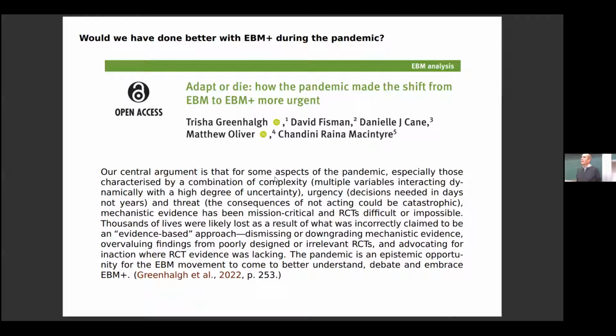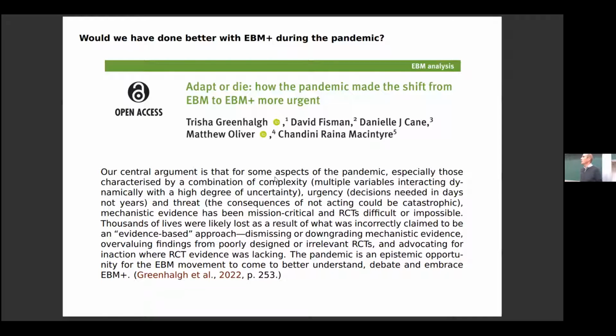I'm going to be looking at this claim a bit more closely later on in the talk, where I'll look at the face masks example, and I'll suggest that the face masks example helps to substantiate this claim. This is an example where standard EBM downplays face masks because there isn't good RCT evidence.